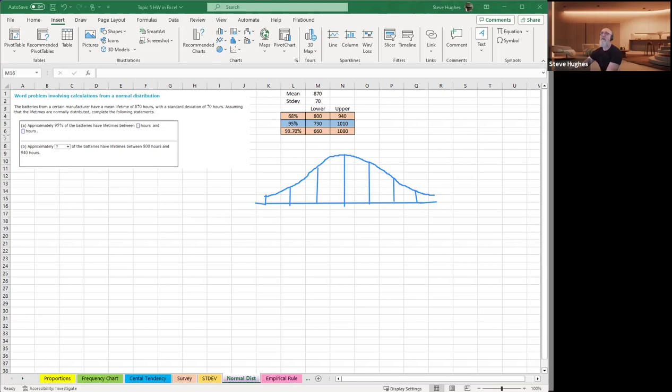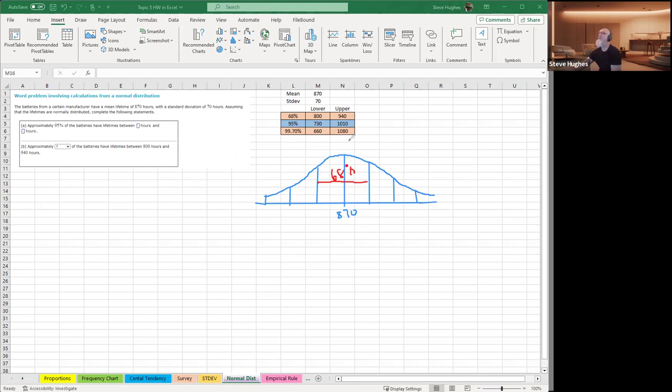Now, you say, what actually does that mean? Well, let's look here in the middle, where the mean is 870. From the rule given to us, we know that 68% of the data lies in here. This is plus or minus 1 standard deviation.